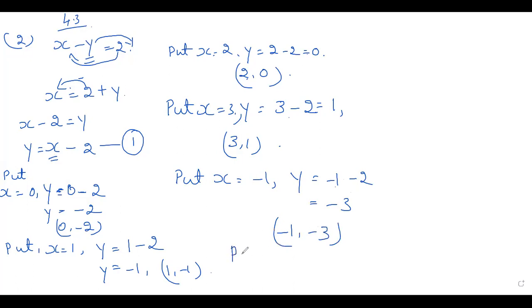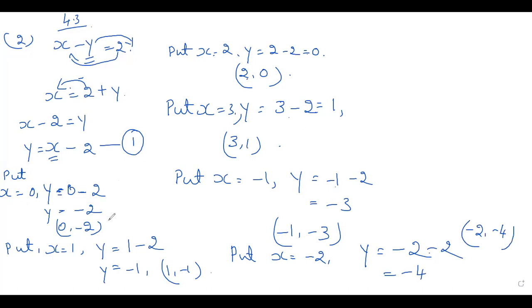Next I'll put x is equal to minus 2. Then y is equal to, write minus 2 in place of x. Minus 2 minus 2, both are negative numbers, so you should add the numbers, that is minus 4. What are the points here? Minus 2 comma minus 4.